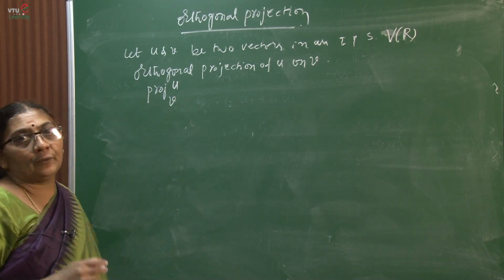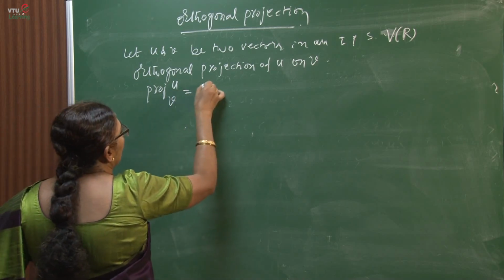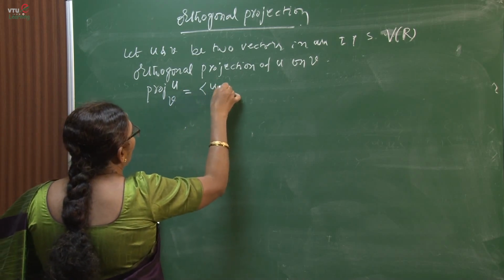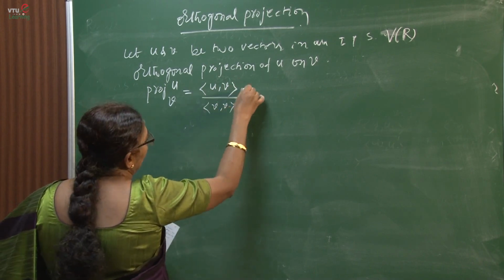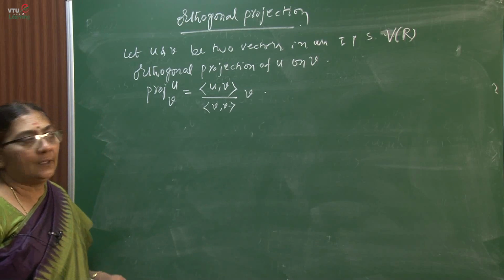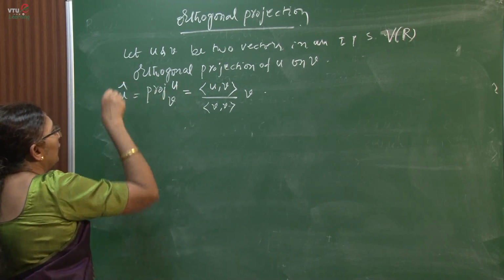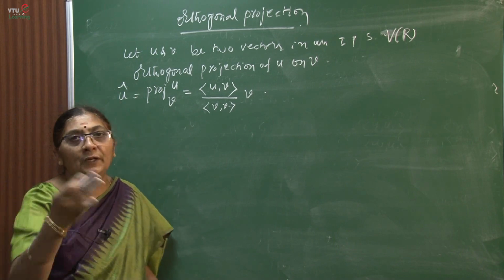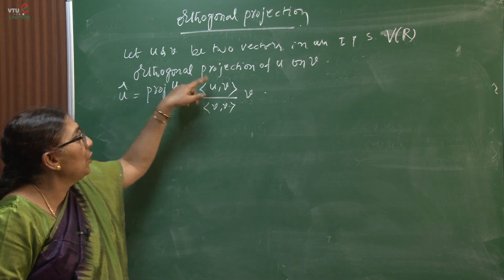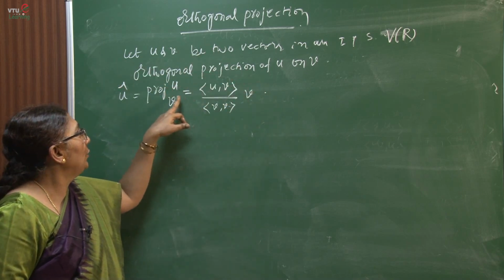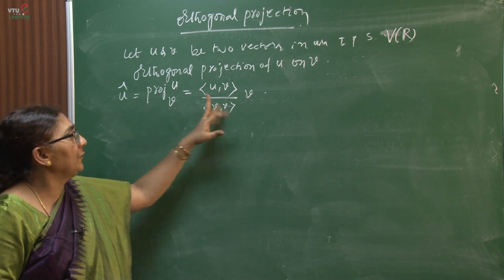Proj means projection. Projection of u with respect to v is nothing but inner product of u comma v divided by inner product of v comma v, into v. This proj of u with respect to v is also denoted by u cap. There are two ways to denote projection of u onto v.